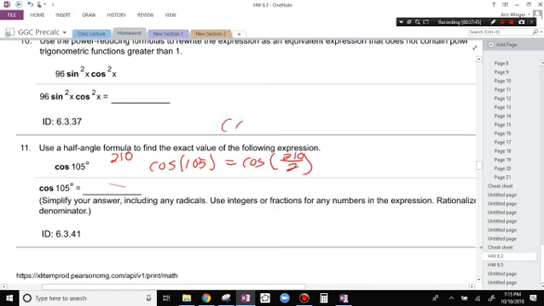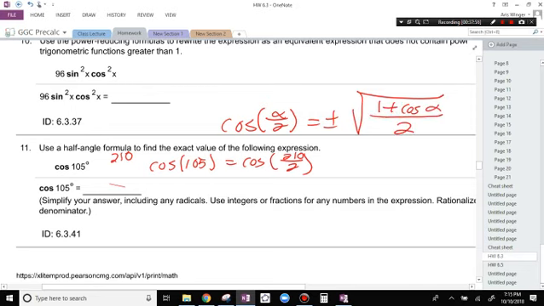The formula says that the cosine of alpha over 2 is equal to plus or minus the square root of 1 plus the cosine of alpha over 2. This is going to be equal to plus or minus the square root of 1 plus the cosine of 210 degrees over 2. Okay. The only problem is how bad this square root looks.